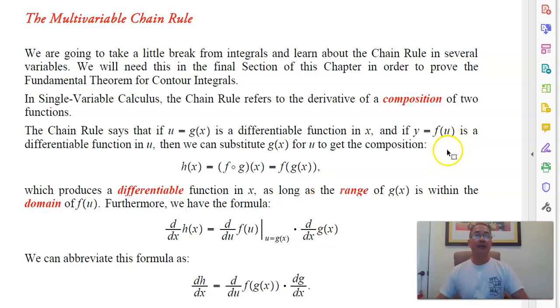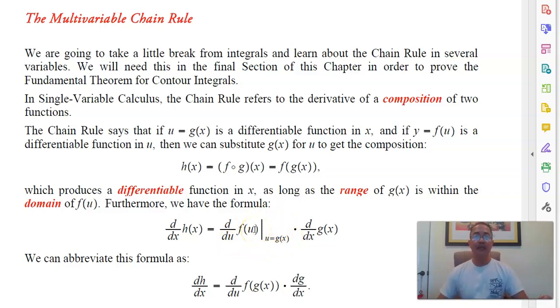Okay, so chain rule says if you want the derivative of h with respect to x, the variable that it now depends on, you multiply two things. First, you take the derivative of f with respect to u, and then you plug in g of x back into u.